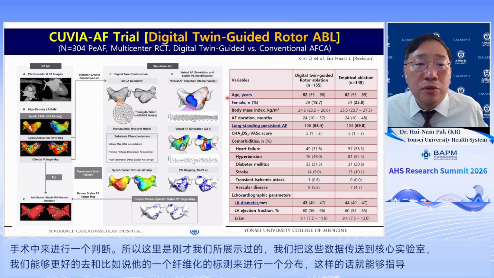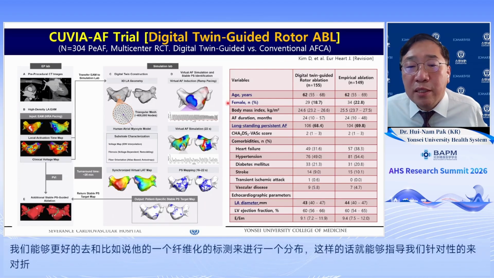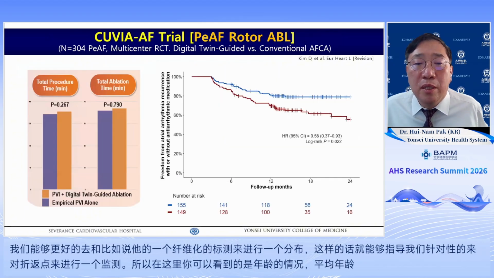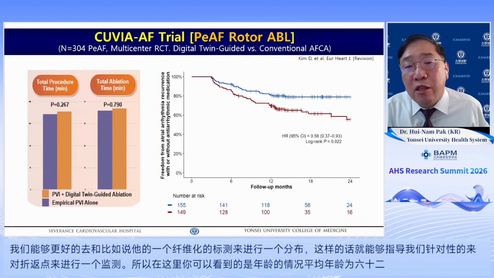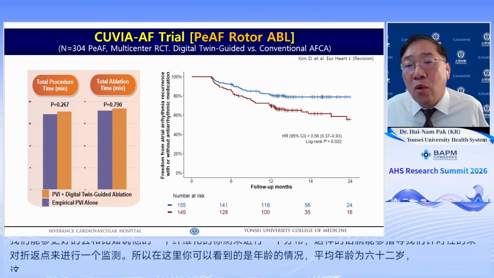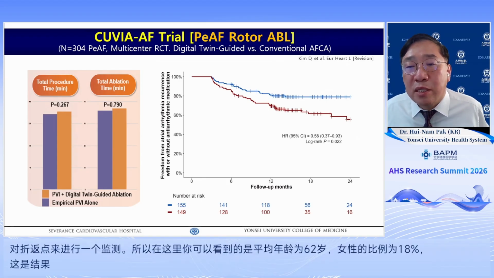Median age was 62, female 20%, and 70% were long-standing persistent AFib. Actual stable phase singular point targets were observed in only 43% of this persistent patient group, and the median number of rotors was 1 or 2.